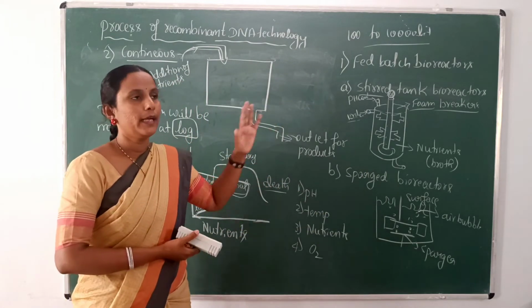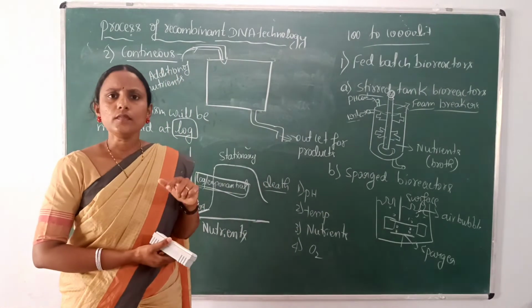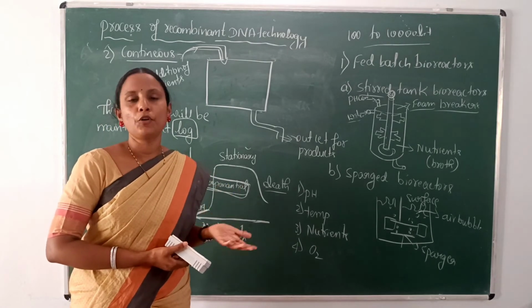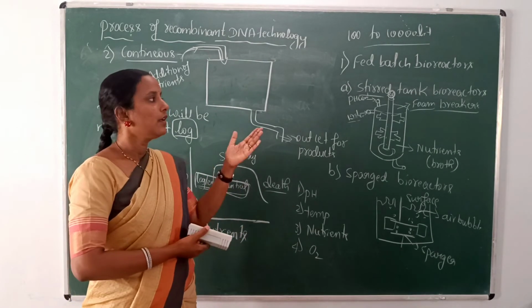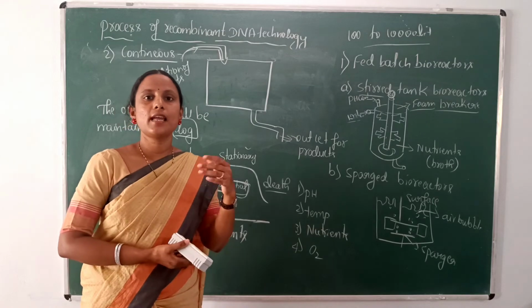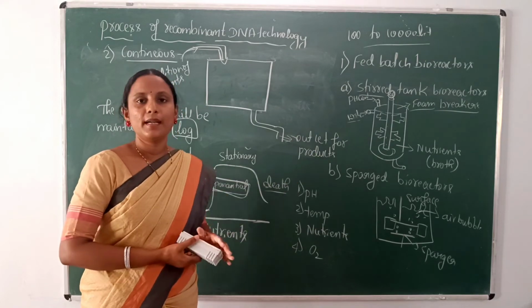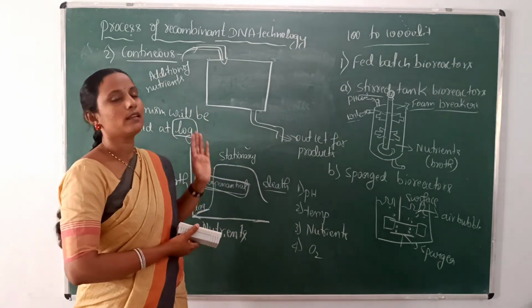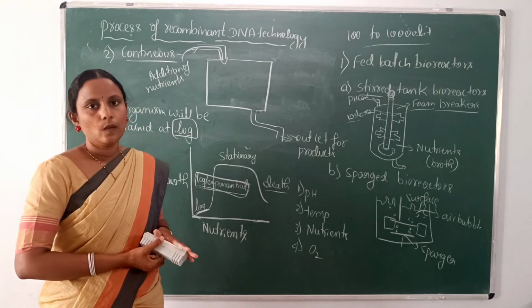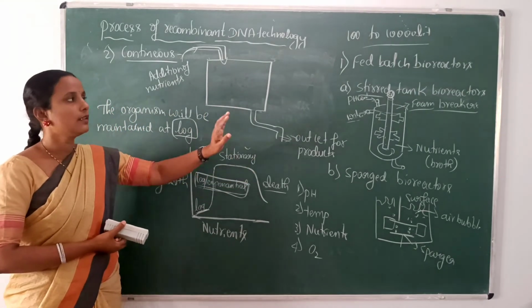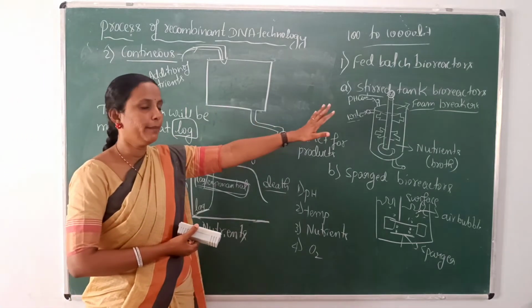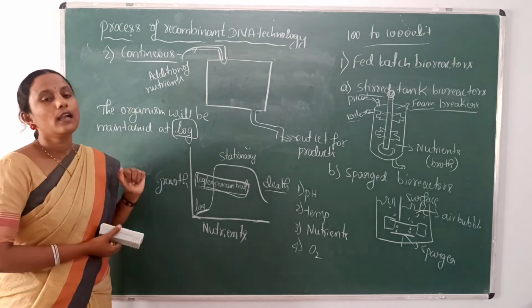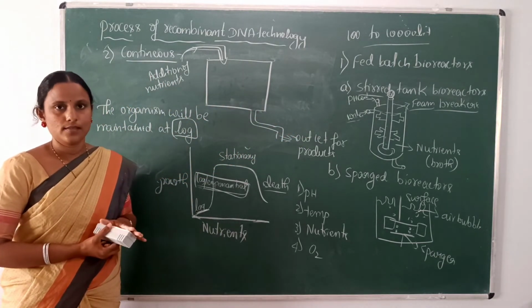Whether we have to choose fed batch or the continuous will depend on type of products. For example, if they are making the products like wine, they make use of fed batch bioreactors, not the continuous. Okay, so this is about the bioreactors, the two type, fed batch bioreactors and the continuous bioreactors.